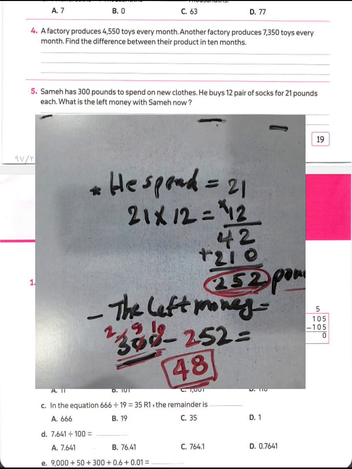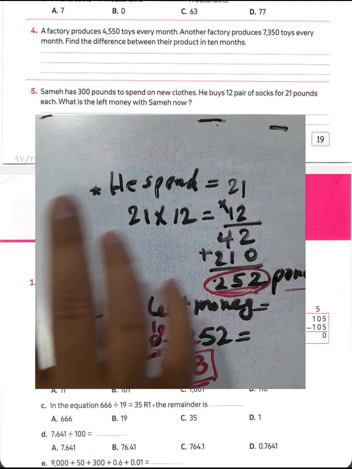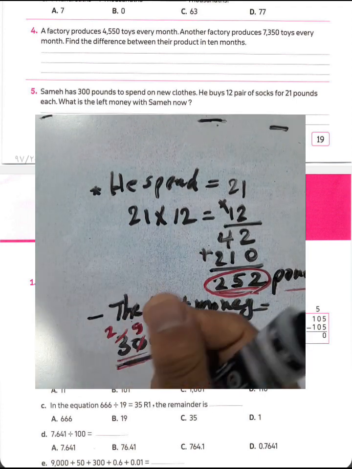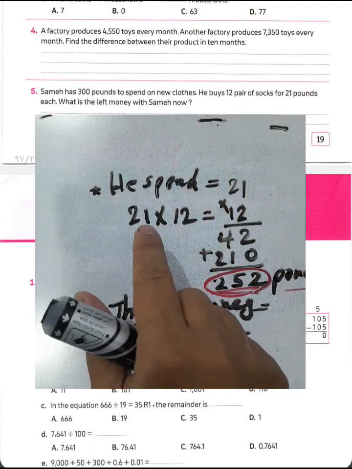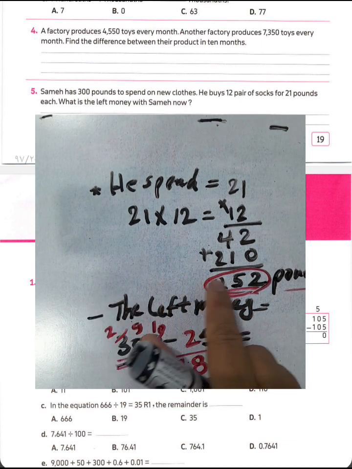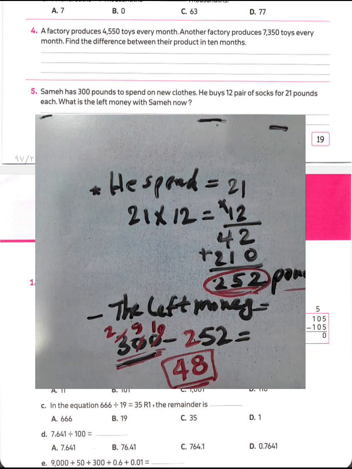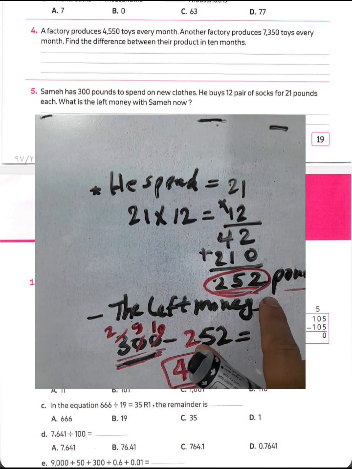He pays for 12 pairs of socks at 21 pounds each. First, we find what he spent, 21 times 12, which is 252.